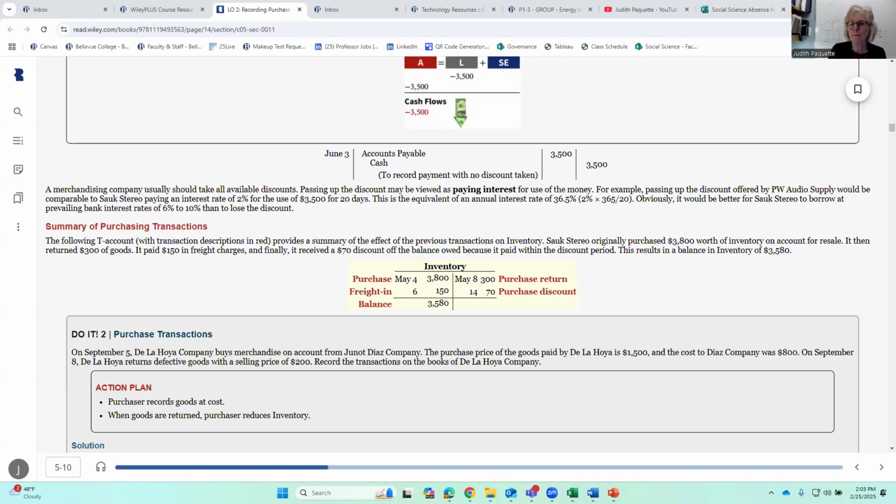Akiko, you have the wrong amount for the first journal entry.